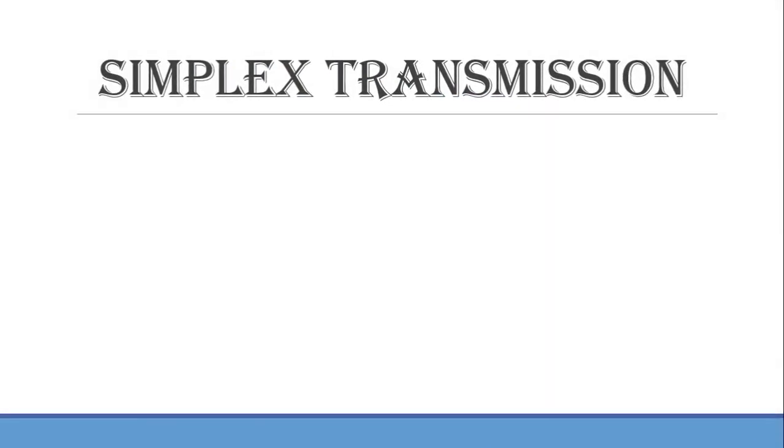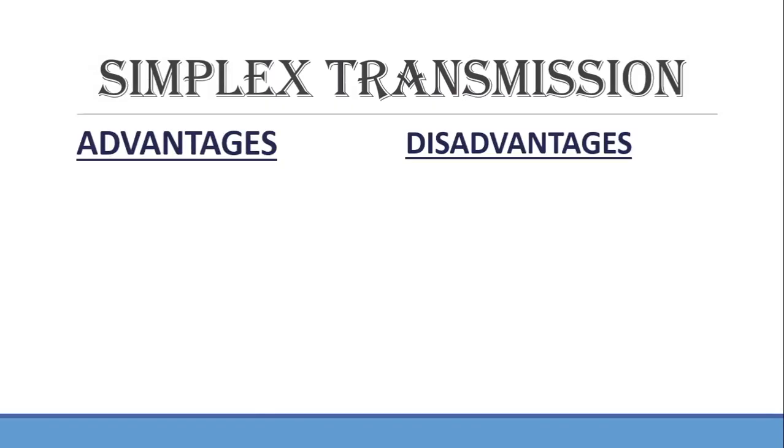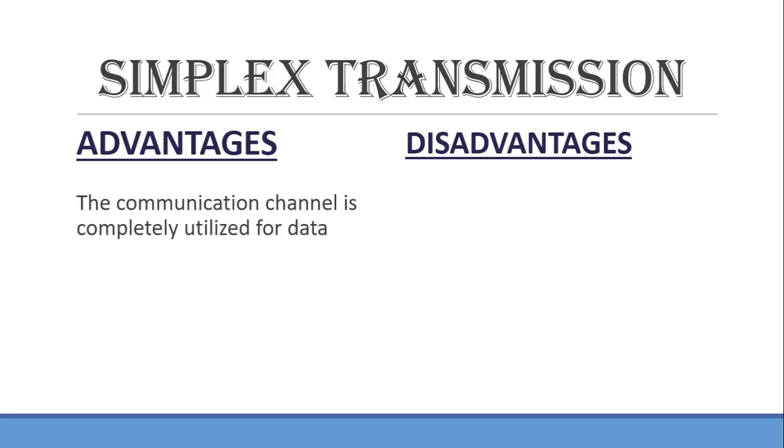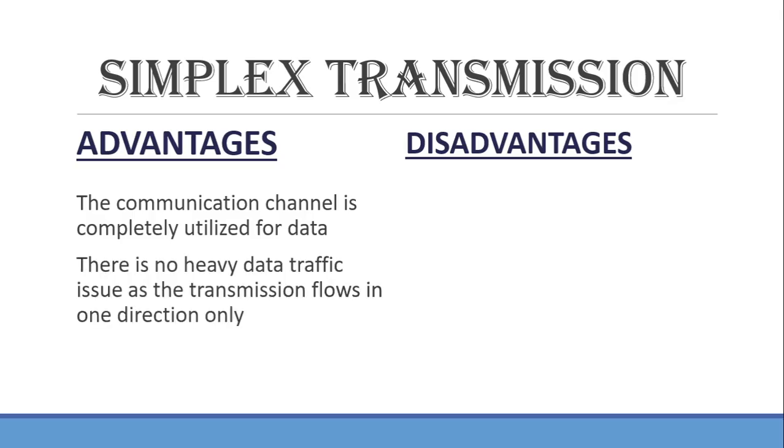When we talk about simplex transmission mode, there are some advantages and disadvantages. Let's discuss that. First advantage: the communication channel is completely utilized for data, as it is the simplest, with a single direction. Second, there is no heavy traffic issue, as the transmission flows in only one direction.